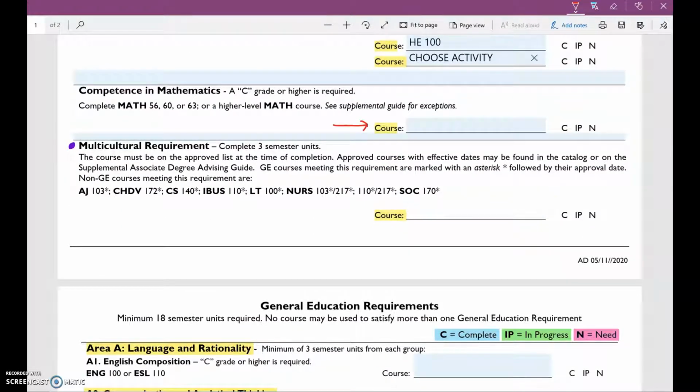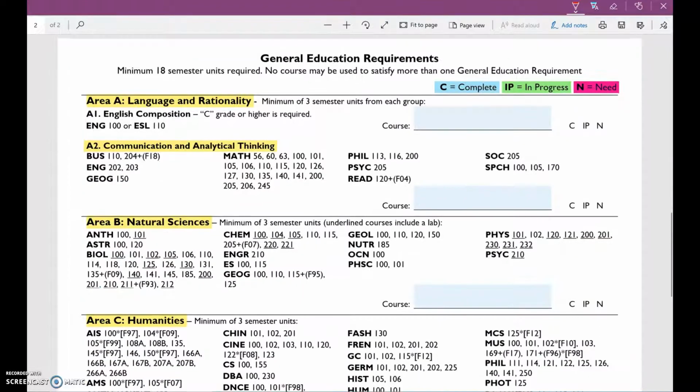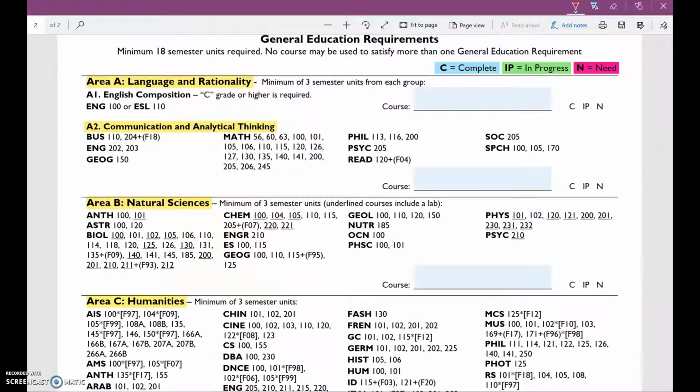All of you are doing Counseling 110 right now, so that actually covers the multicultural requirement, so you would be in progress with that. Now we get to the second page. There are two options for section A1, either English 100 or ESL 110.